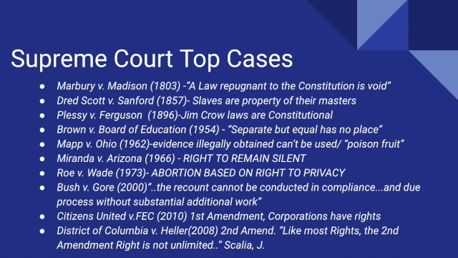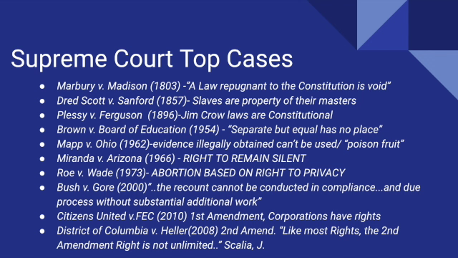Mapp v. Ohio. And you'll start to notice a trend here. Mapp v. Ohio, 1962. Evidence illegally obtained cannot be used in the trial of that matter. This was when we started to see the poison fruit defense. Miranda v.